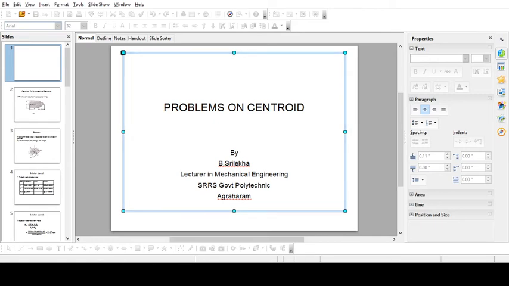Okay. So next, let us find the centroid of the given lamina. So you can see this shape is of different profile, having a semicircle and having a rectangle and a triangle. So you can divide this region into three shapes, right?